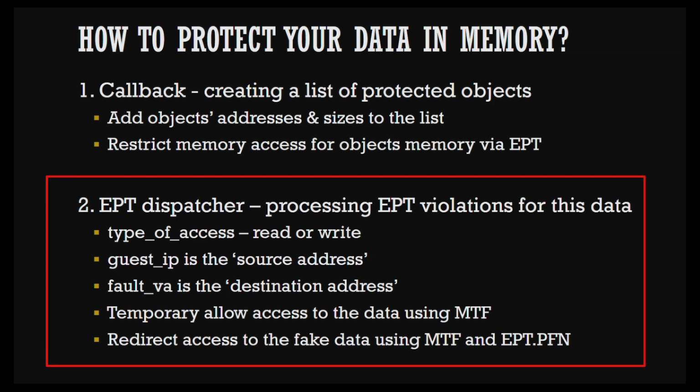To process all violations, you have 3 input parameters: type of access, read or write, address of the module which tries to access, and finally the address of the data which has been accessed. It looks like IP addresses. We've got a source address and a destination address: who is trying to access, what kind of data this module tries to access, and the type of access, read or write. You can only monitor the access attempts as well as redirect them.